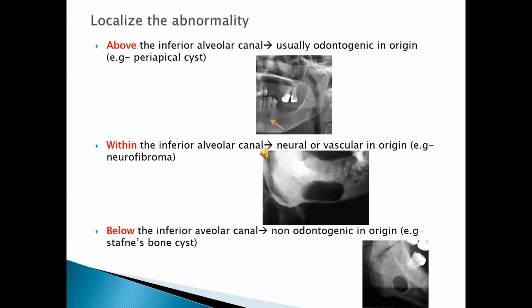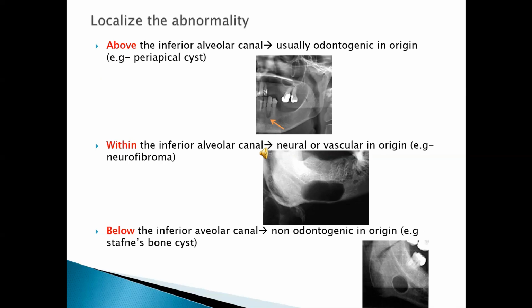To be more specific, the lesion which is above the mandibular canal is usually odontogenic in origin. The lesion that is within the mandibular canal can only be of neural or vascular in origin, and the lesion that is below the mandibular canal is most of the time non-odontogenic in origin.